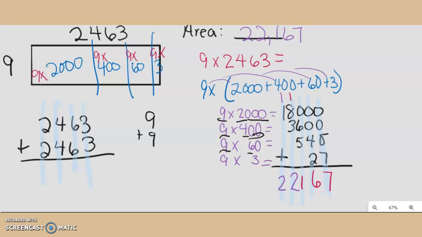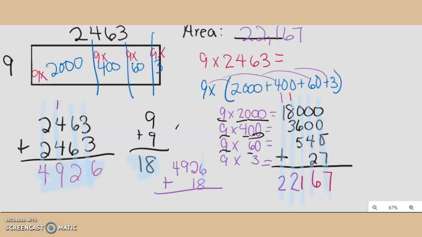So 3 plus 3 is 6. 6 plus 6 is 12. Carry the 1. 4 plus 4 is 8, plus 1 more is 9. And then 2 plus 2 is 4. Now we have 9 plus 9 is 18, and I'm going to squash it in here. So I'm going to add this guy plus this guy together, stacked vertically: 4,926 plus the 18.